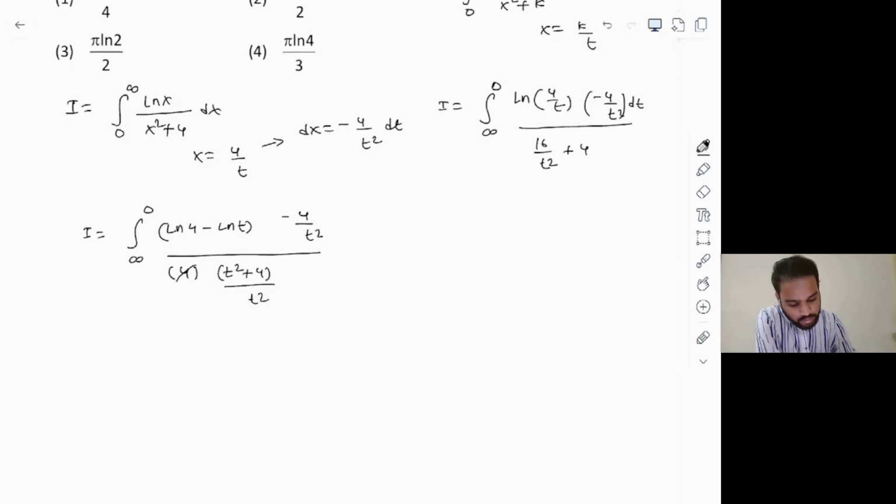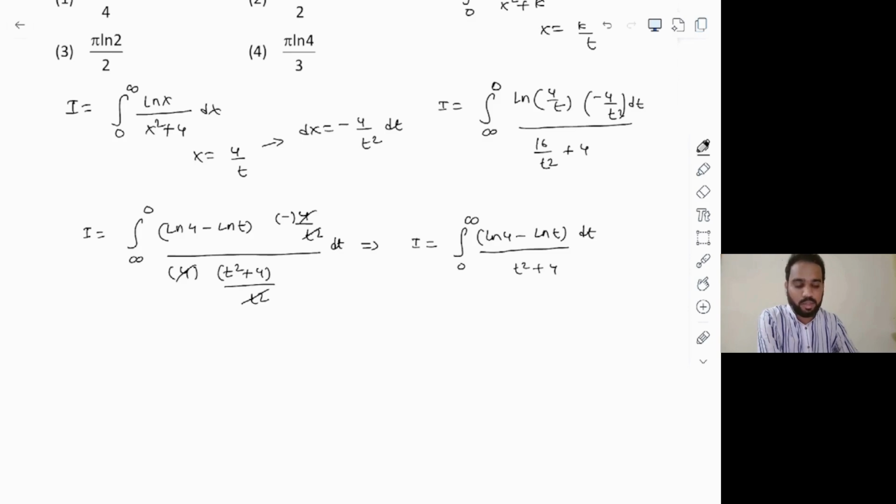Clearly, this 4 gets cancelled and also t square gets cancelled. And I'm going to interchange the limits because I have an extra minus 1, right? Since I have an extra minus 1, I'm going to interchange the limits as 0 to infinity back. And I'm going to write this as ln 4 minus ln t dt whole divided by t square plus 4.